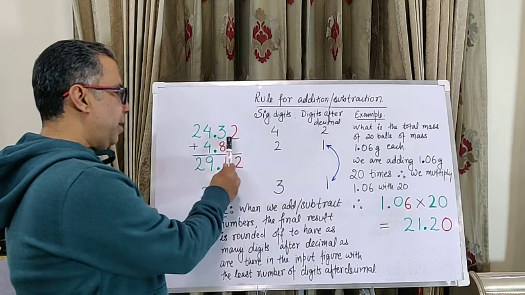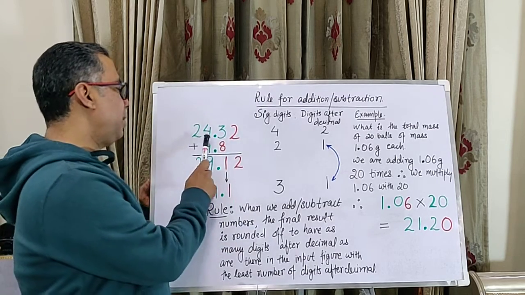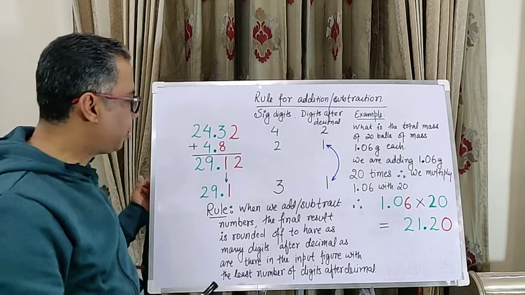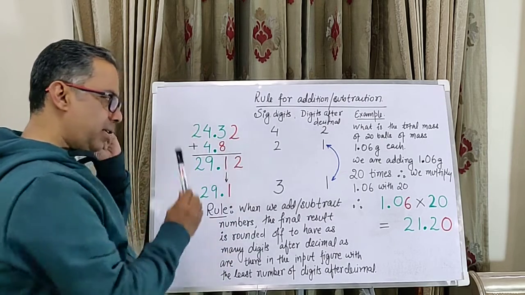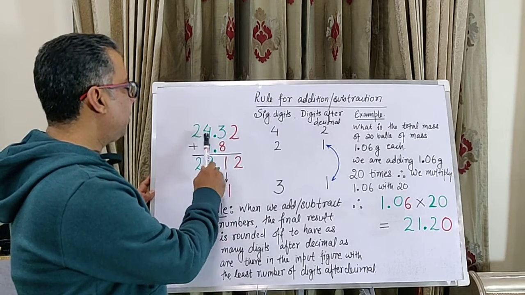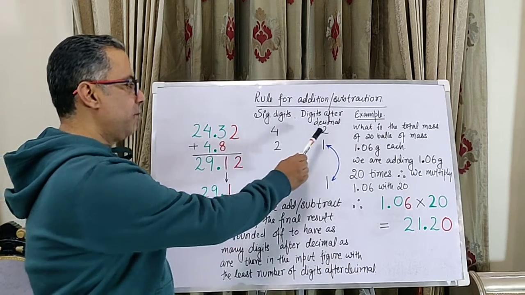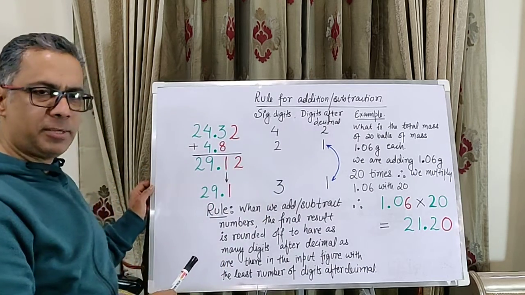We are adding these two numbers here. The green digits are certain and the red digits are uncertain. This number here has 4 significant digits and 2 digits after the decimal.